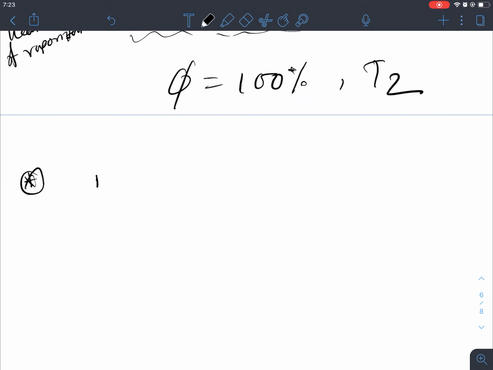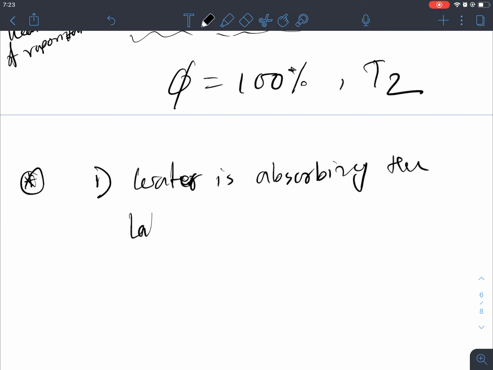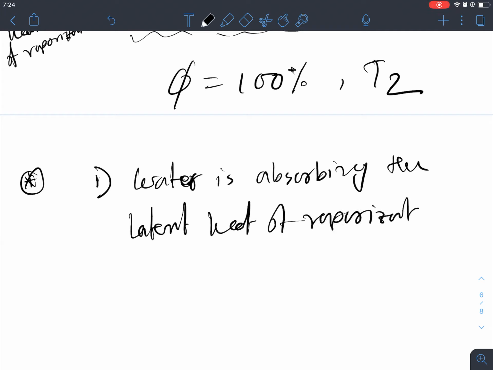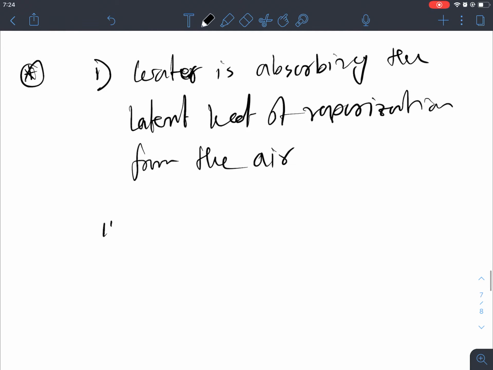So if we define that, the first step is that water is absorbing the latent heat of vaporization from the air, right?